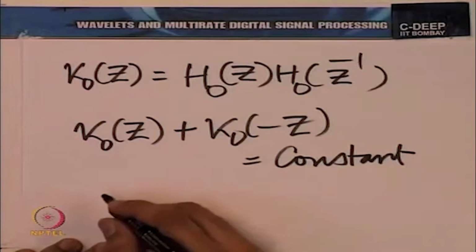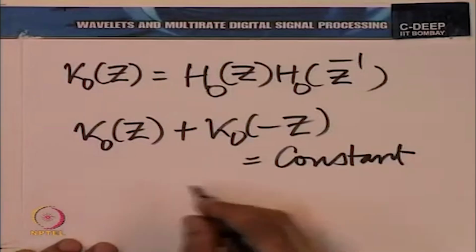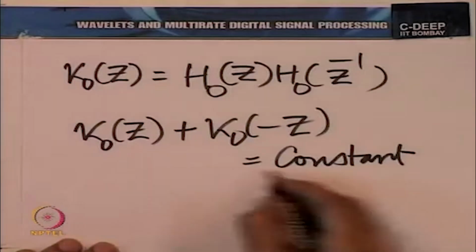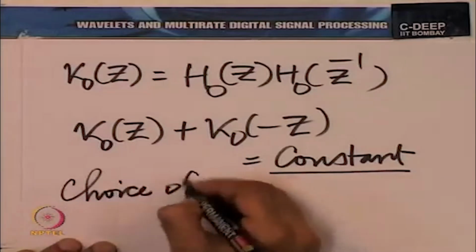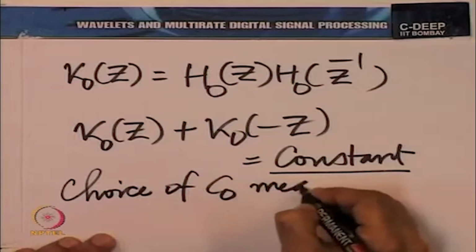And in fact, what it really means is we now need to choose this constant. Choice of C 0 means choosing this constant.